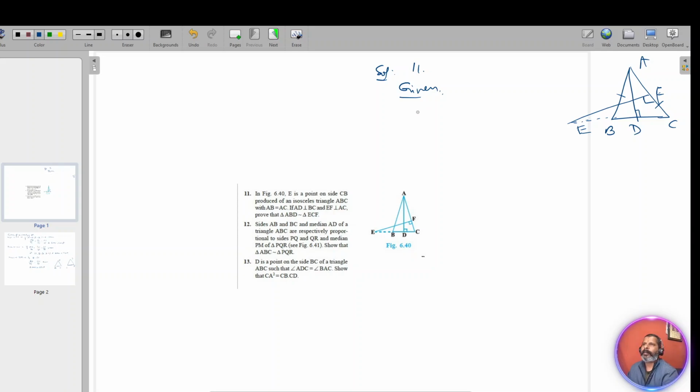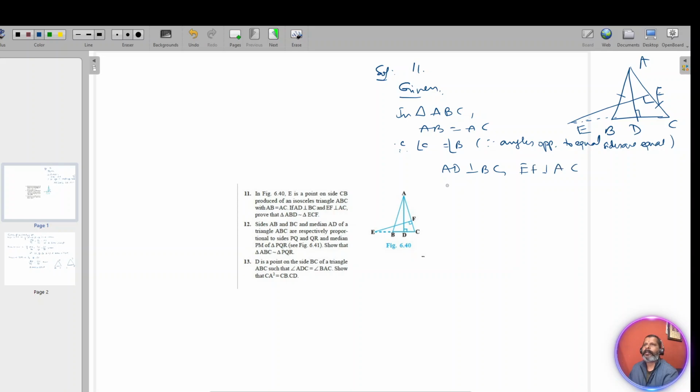Once we write, we'll have a clear understanding. Given, in triangle ABC, AB equal to AC. AB's opposite angle is C, AC's opposite angle is B, so angles opposite to equal sides are equal. Also, AD perpendicular to BC and EF perpendicular to AC.